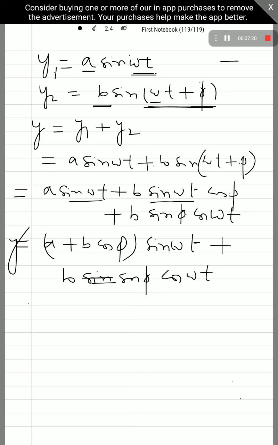For the sake of simplicity, let us write this quantity, A plus B cos phi, as R cos theta, because it is multiplying the sine term.